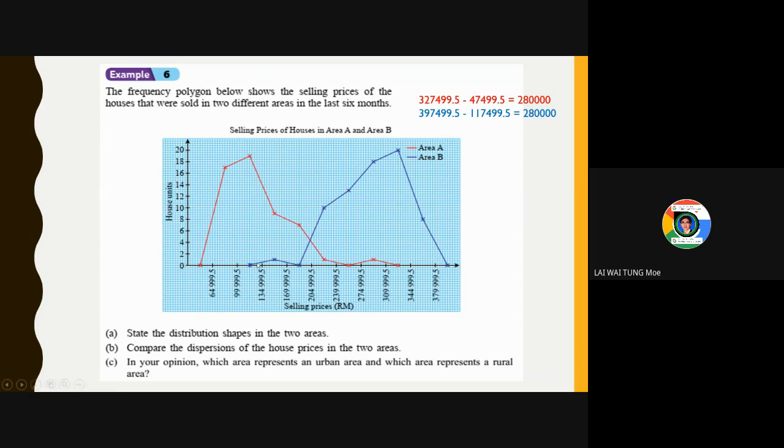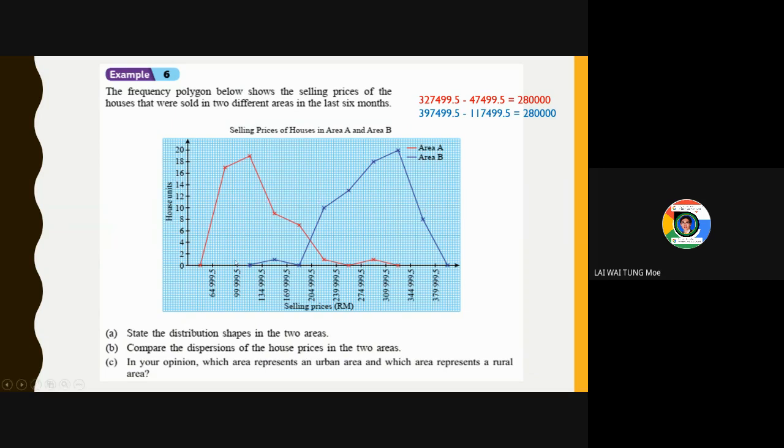Whereas for area B, the lowest is around 117,000, 100,000, and the highest is almost 400,000. So you can say that area B got the higher selling price, right, compared to area A.